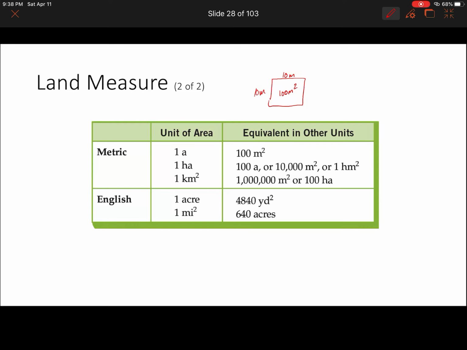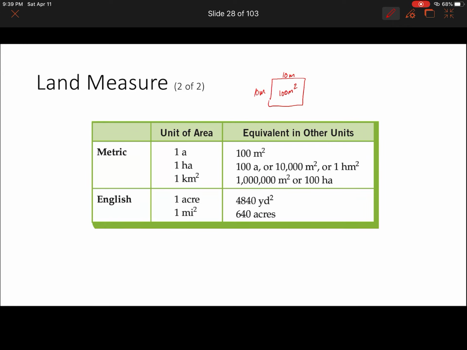Okay, again, it all goes back to being on a base of 10. And we'll use this in just a few minutes. And then a kilometer squared is 1,000,000 meters squared. So again, it's 1,000 by 1,000 meters. So 1 kilometer by 1 kilometer squared.